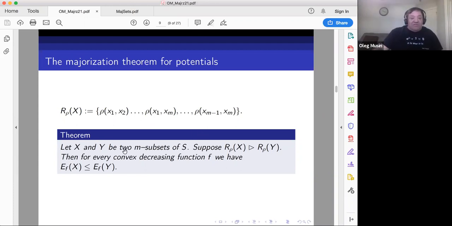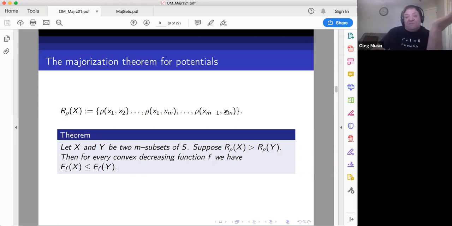If you have two m subsets x and y, then we can compare R of these two sequences of rho values over the pairs.